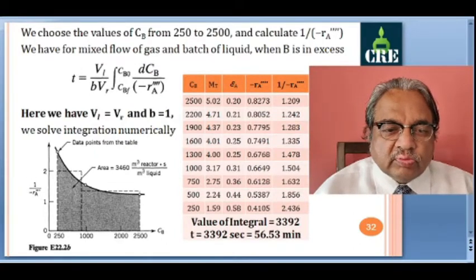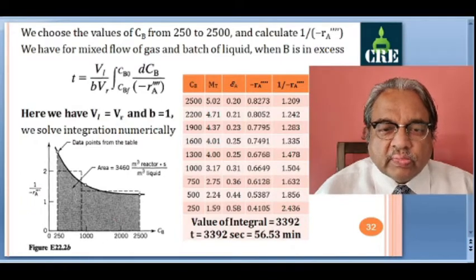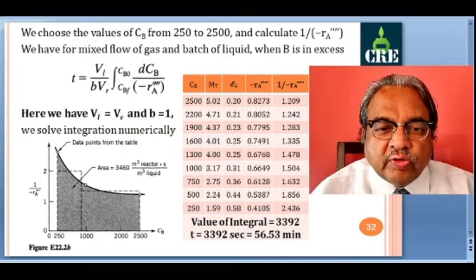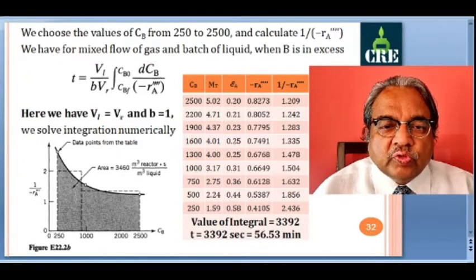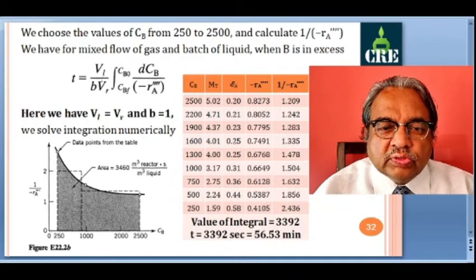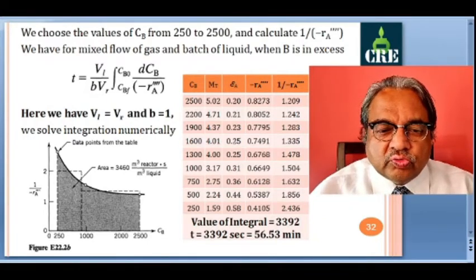So if you plot this 1 upon minus RA versus CB, the area under the curve will give you the value of the integral, and you know VL is equal to VR in this case and B is equal to 1. So T is directly the area under the curve.